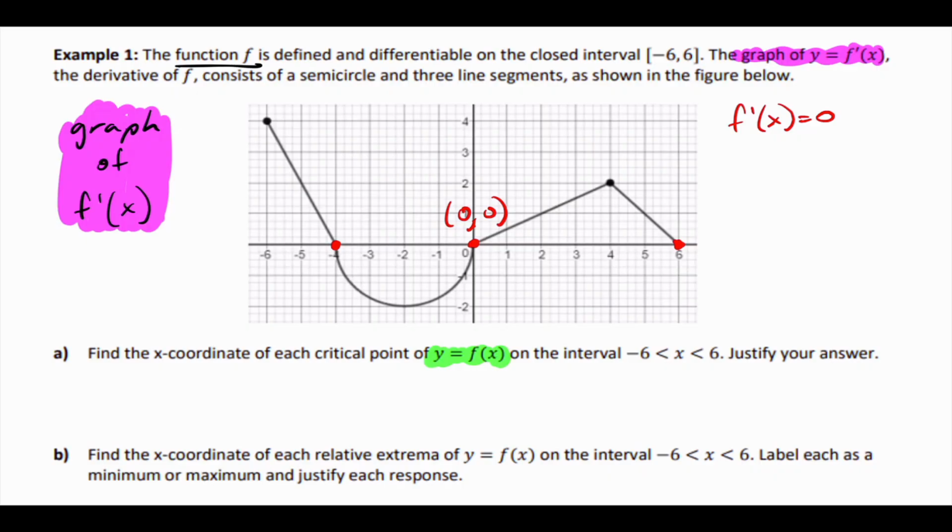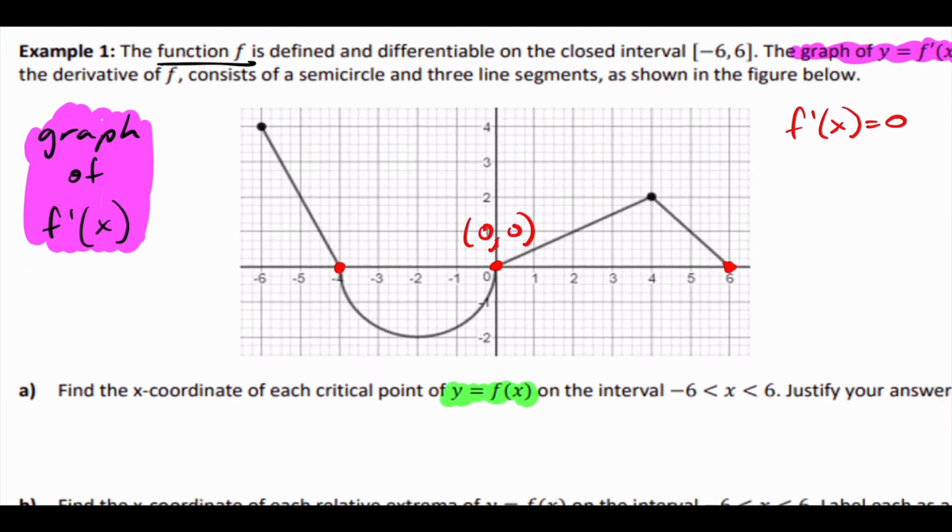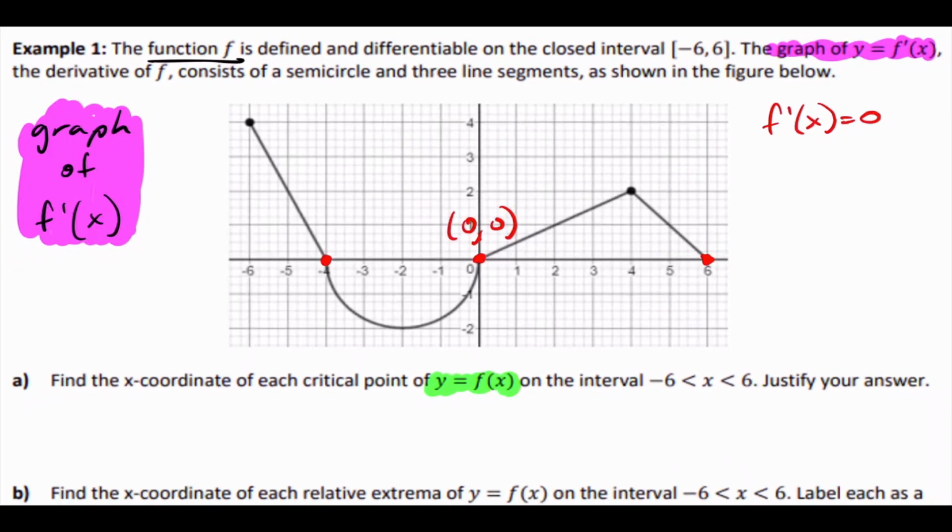So let's go back to our graph. Where are the critical values on this graph here? -4, 0, and 6. Because those, we just said, are where the slope is 0. The slope of the original.